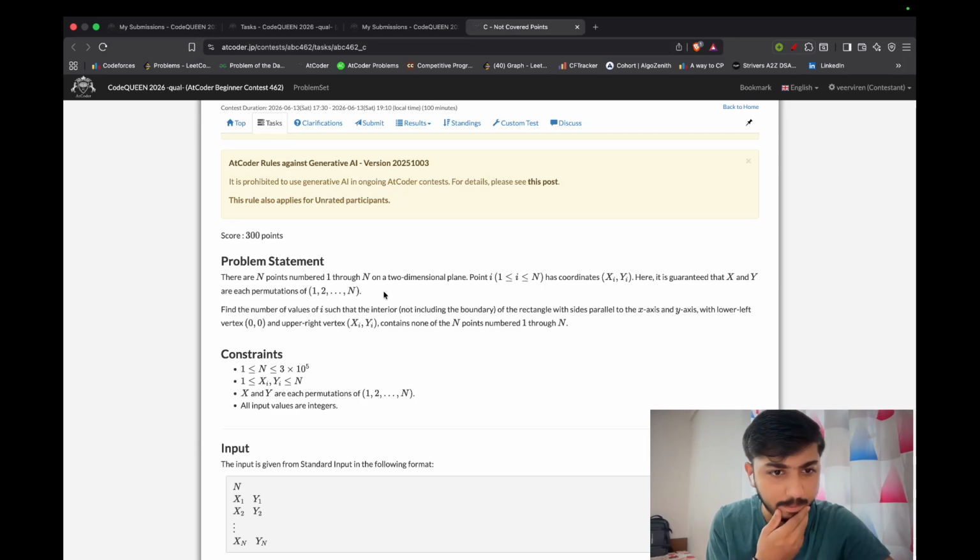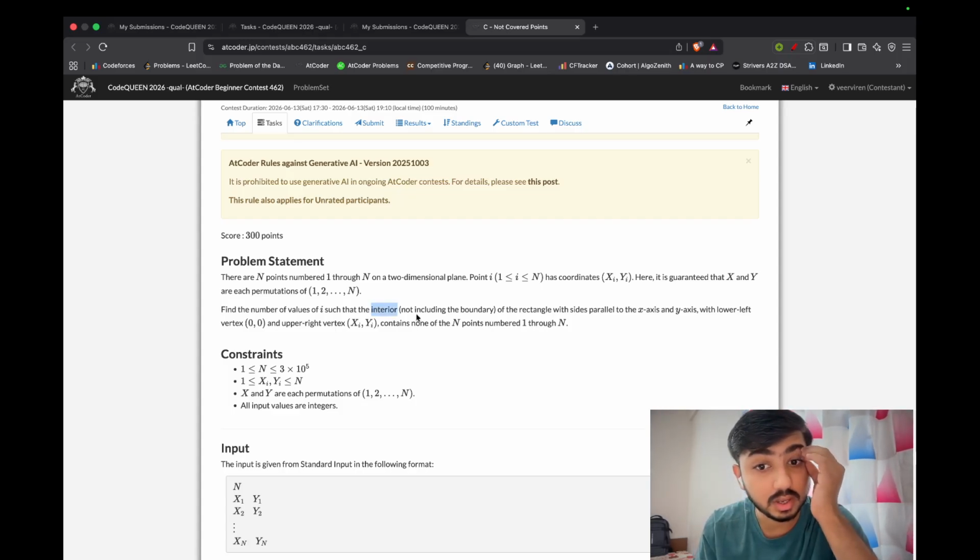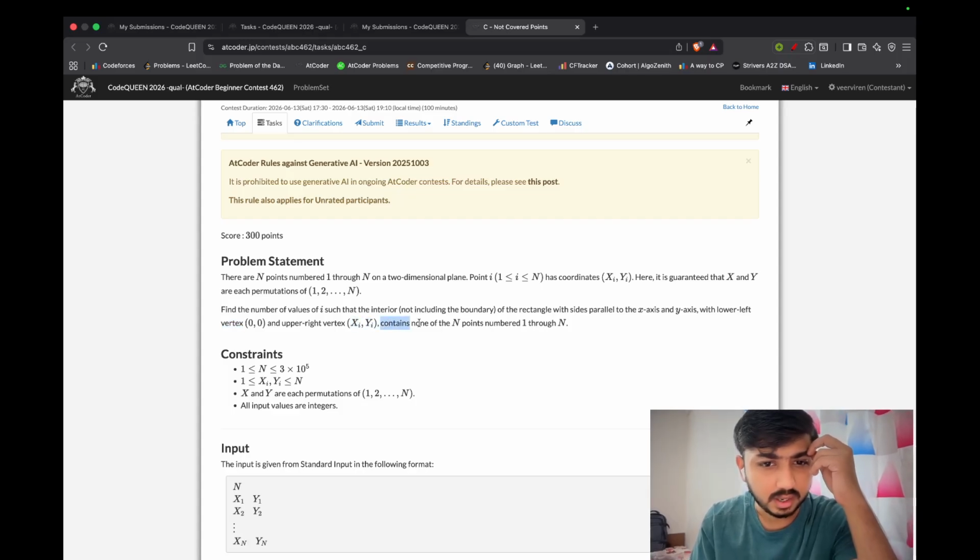Okay, that's cool. Find the number of values of i such that the interior, not including the boundaries, of the rectangle with sides parallel to the x and y axes, with lower left vertex this and upper right vertex this, contains none of the n points.